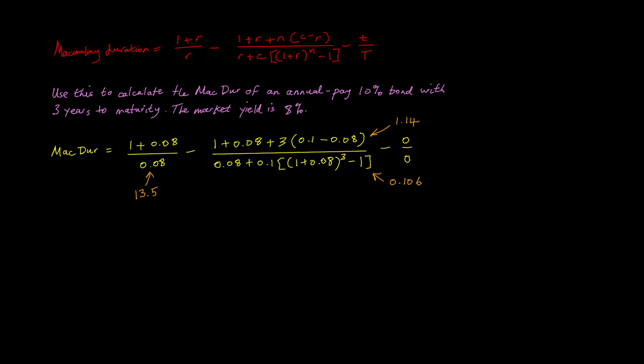Next, we divide the numerator by the denominator for an answer of 10.7576. The final step is to take the first term of 13.5, deduct 10.7576, and we get our answer using the formula approach of 2.7424 years.